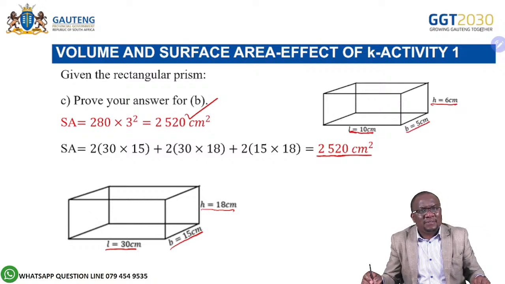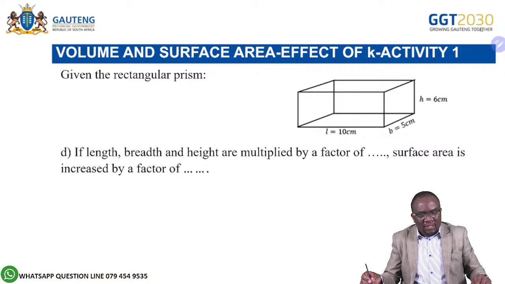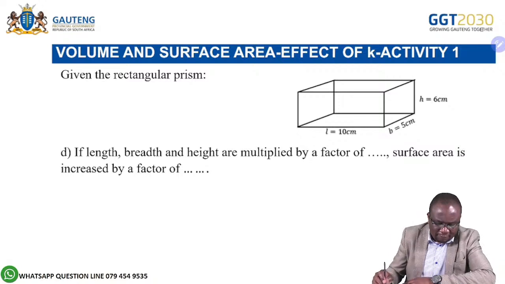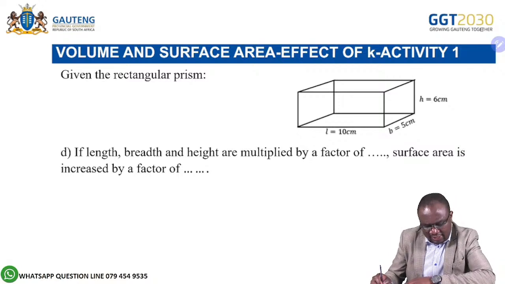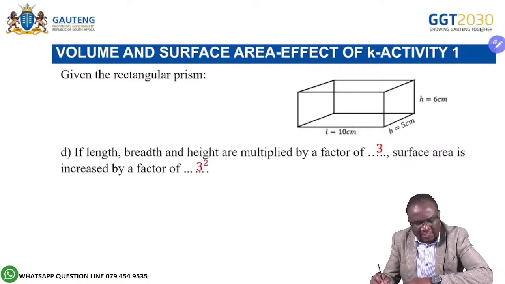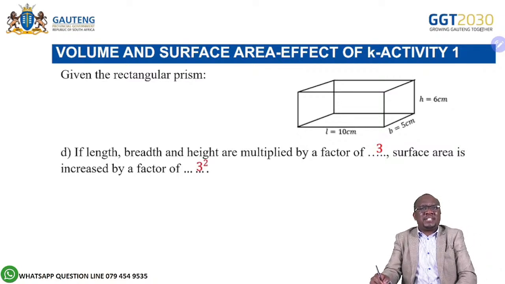Do you see that? Okay, so we can say that in D, if the length, breadth, and height are multiplied by a factor of 3, then the surface area is increased by a factor of 3 squared. Do you see that? Of 3 squared.